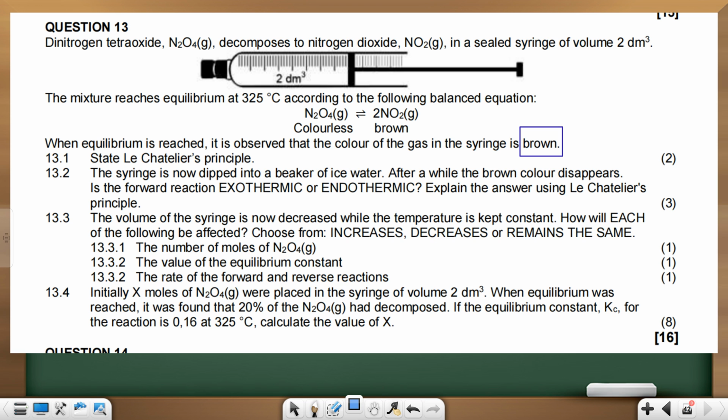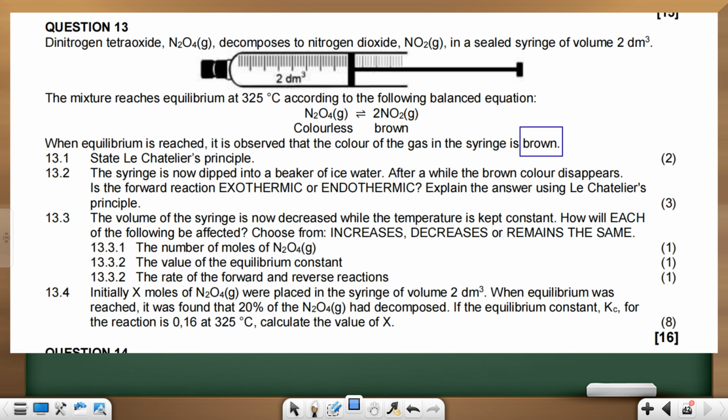Some of you are already done here and have given up. But I'm reading and connecting together, interpreting to myself. I know the reverse is favored. We decreased temperature. I know an increase in temperature favors the endothermic, and a decrease in temperature favors the exothermic.